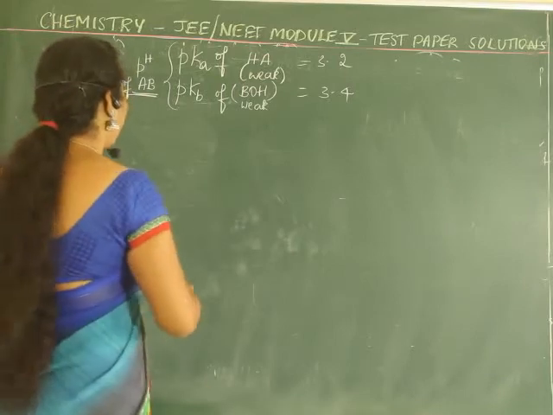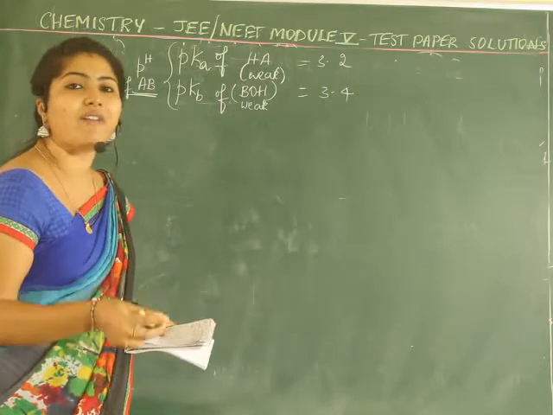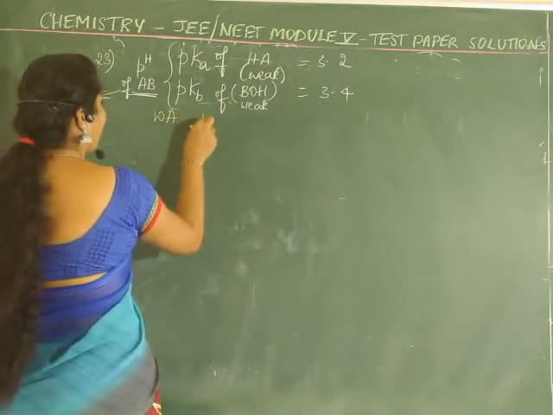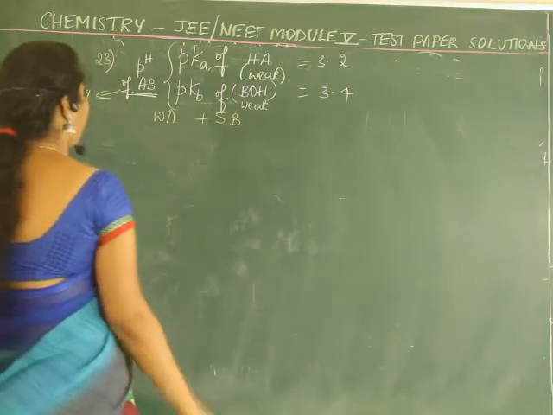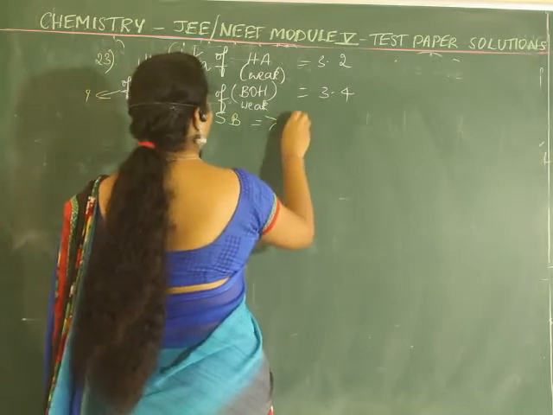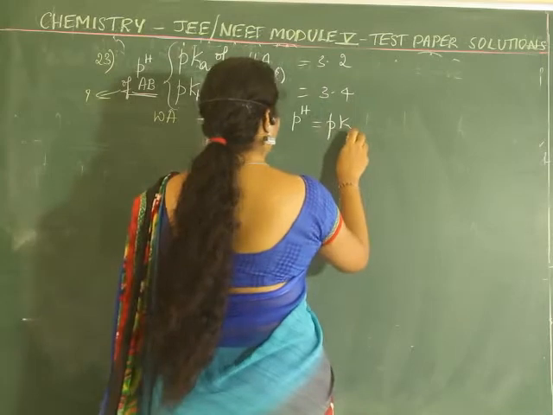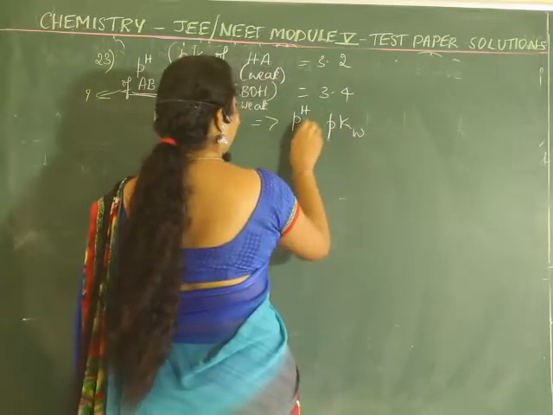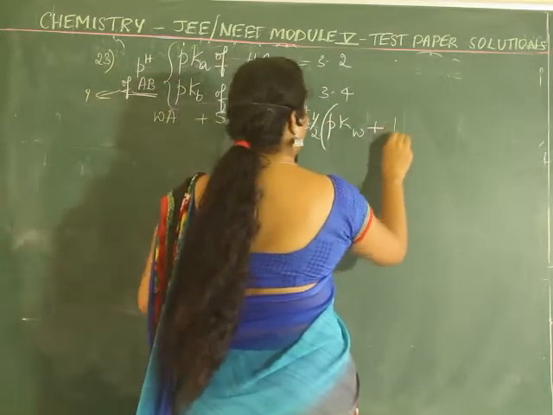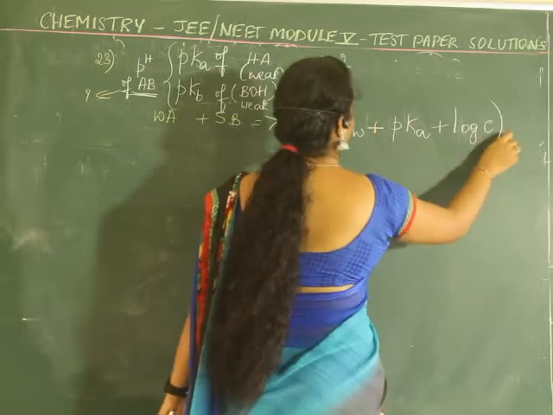So to find pH based on acidic and basic strength, we have some formulae. Please make a note: if it is a weak acid and a strong base, then the pH value is half into pKw plus pKa plus log C, that is the concentration.